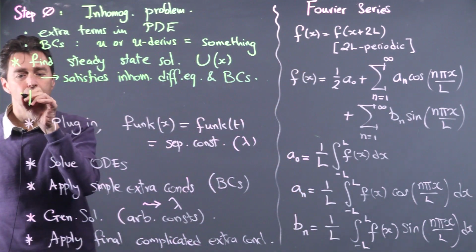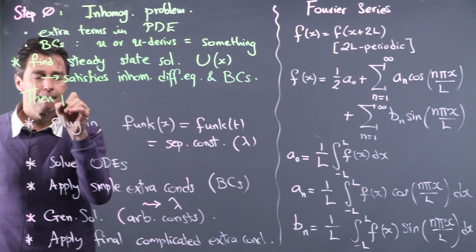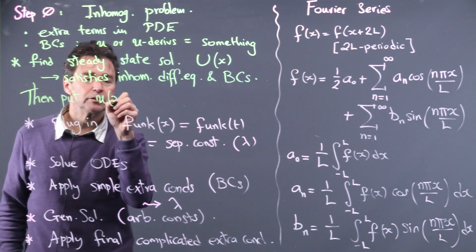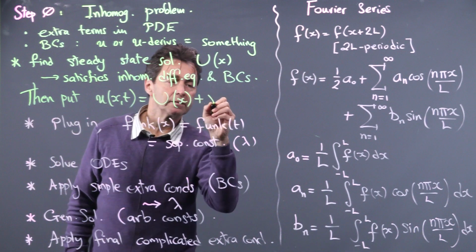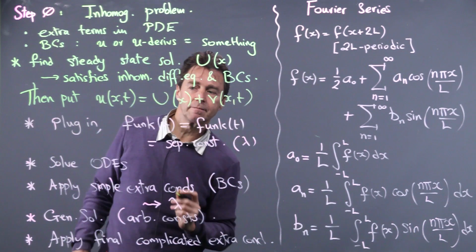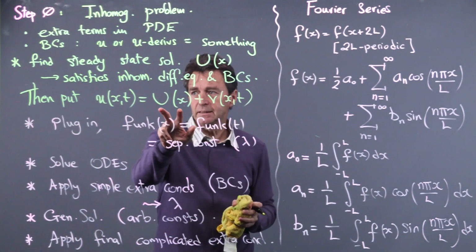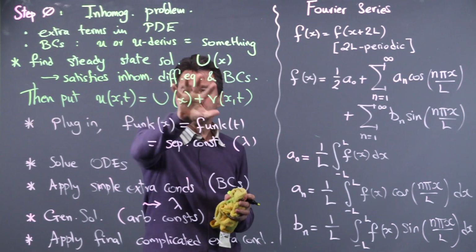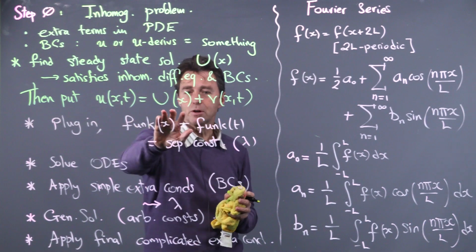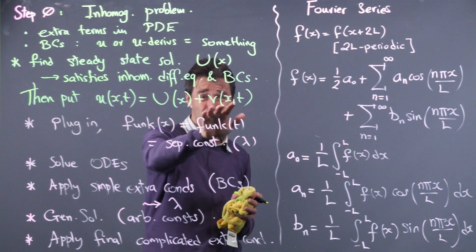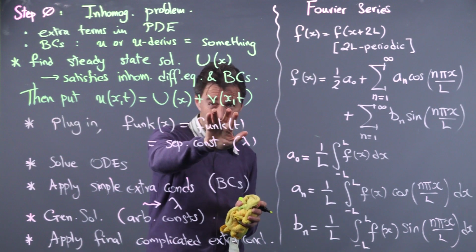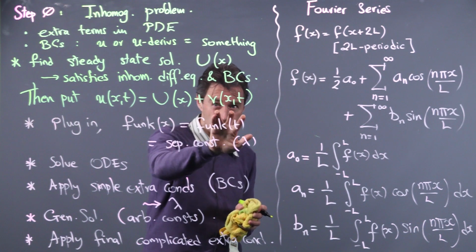So I then put u, which depends upon x and t, is equal to big U of x plus v of x and t. Because this thing satisfies the equation and the boundary conditions with these extra terms, the v here satisfies the equation and the boundary conditions without them, and so the v satisfies the homogeneous problem.